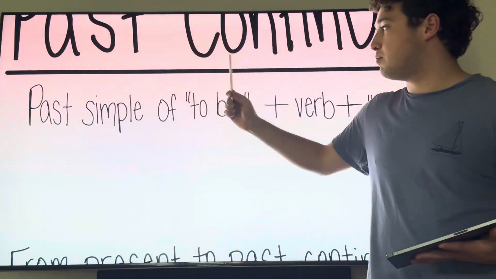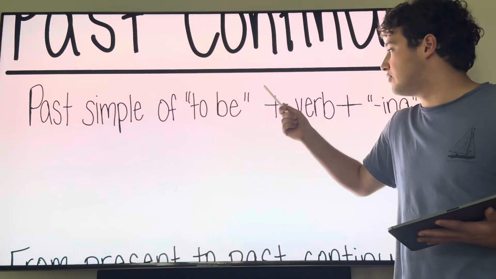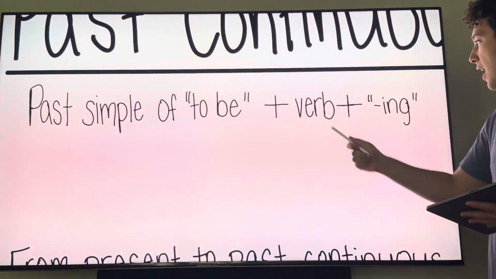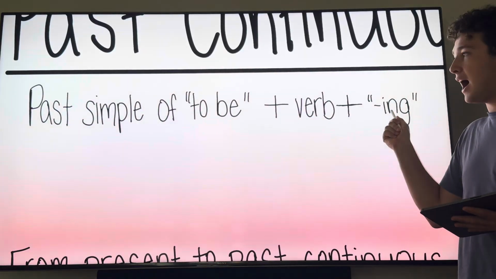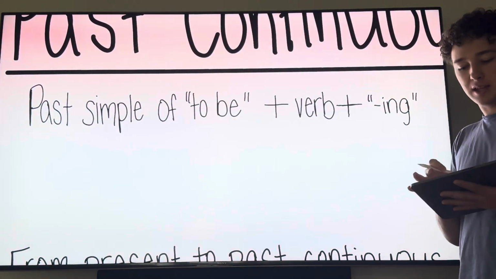You want to take the past simple form of to be that we already learned, add the verb, and add ing. So let's look at that real quick.